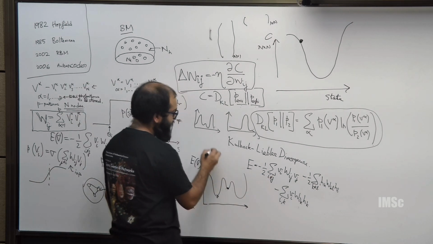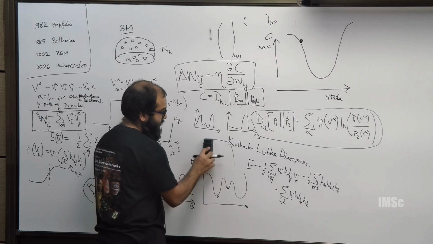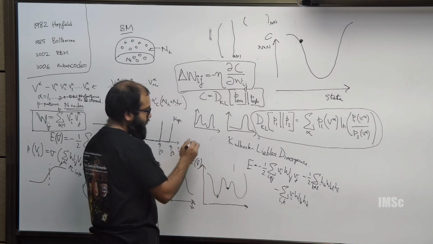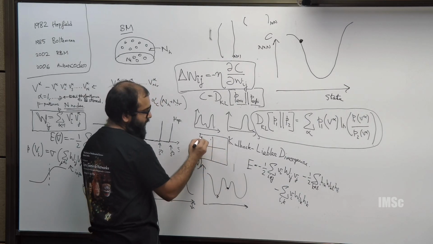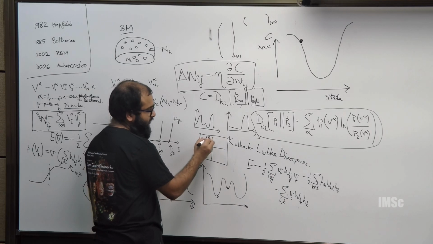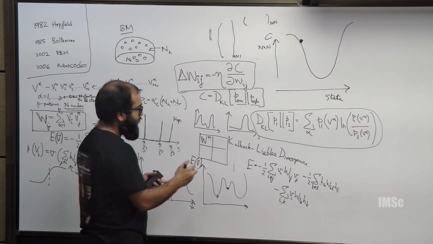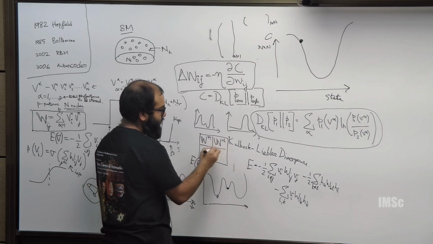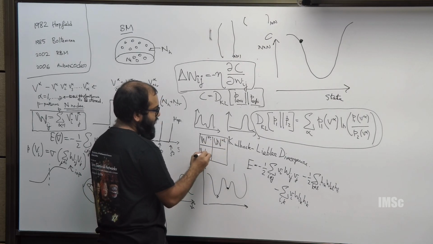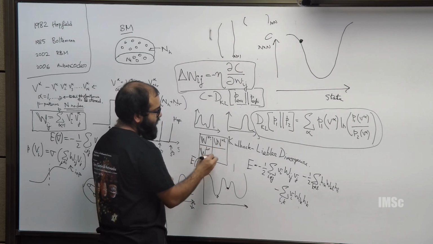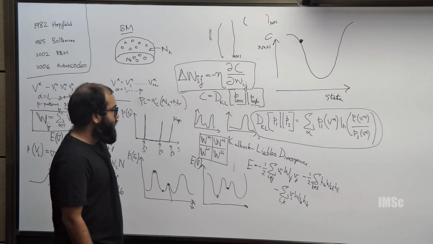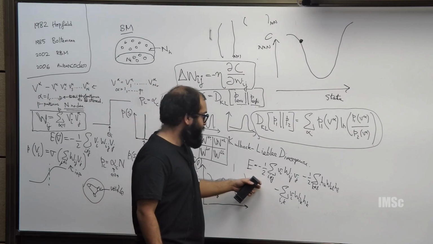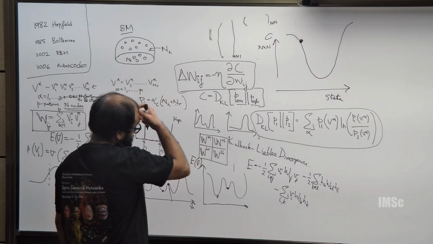So you can imagine the W matrix to be something like this. You have this part, W VV, connections going from V to V, connections going from V to H, connections going from H to V, and then connections in HH. So this is the energy.